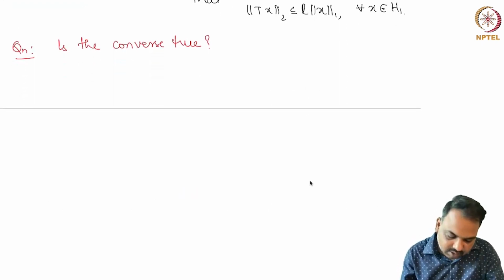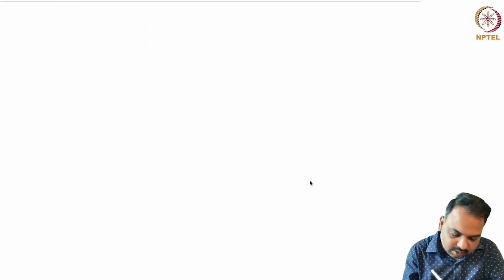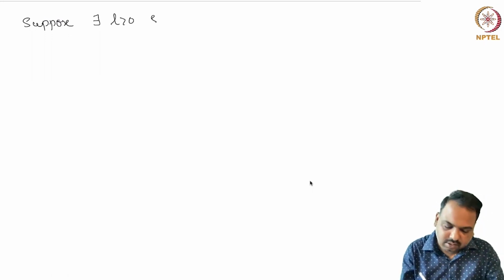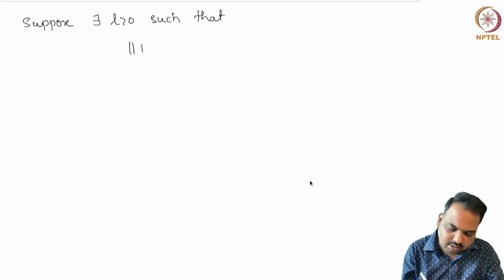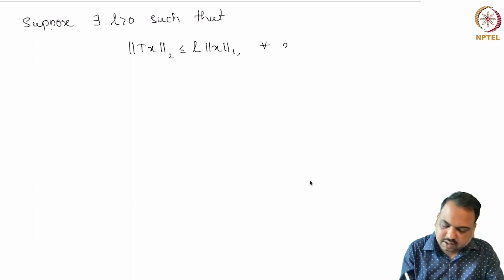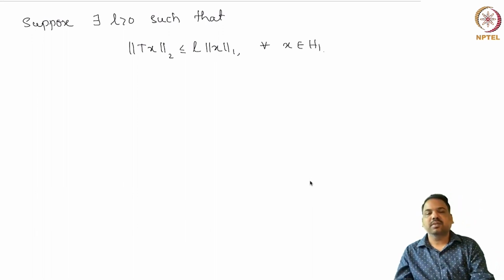Suppose we assume that there exists some L bigger than 0, such that norm Tx is less than L times norm x for every x in H1. Can we say that T is a bounded linear map?